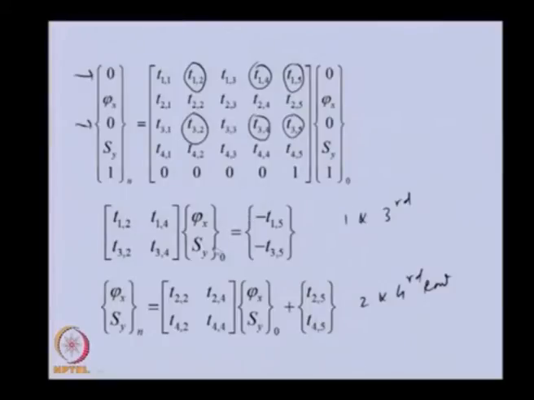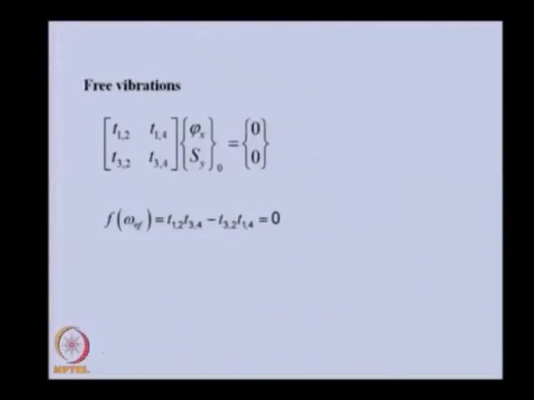If you compare these two equations, this equation is a homogeneous equation if we equate it to 0 for free vibration, and that is the equation we got here. For a non-trivial solution of this homogeneous equation, the determinant of the matrix should be 0. So, we have equated this to 0. Basically, this is the frequency equation.